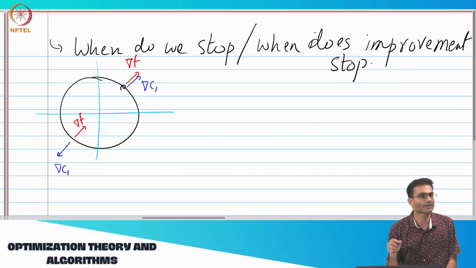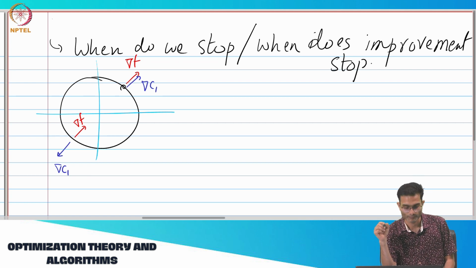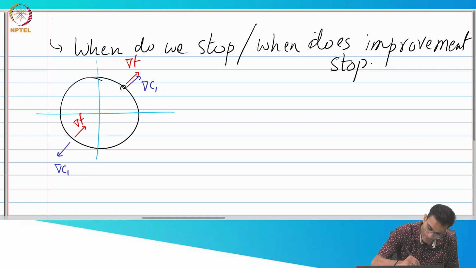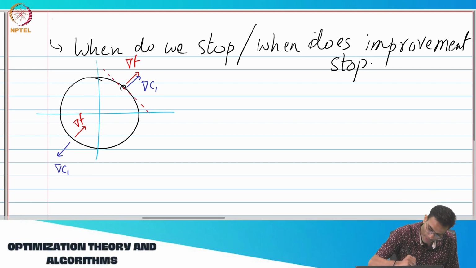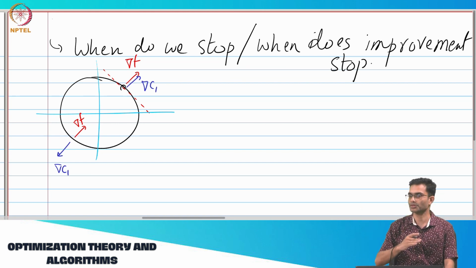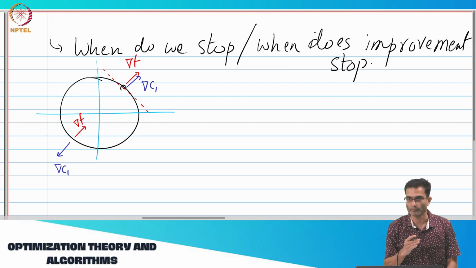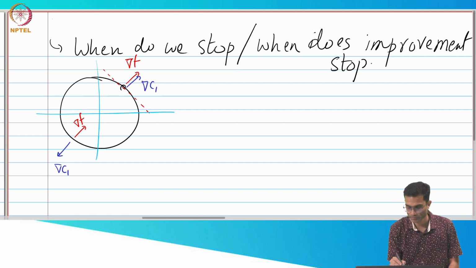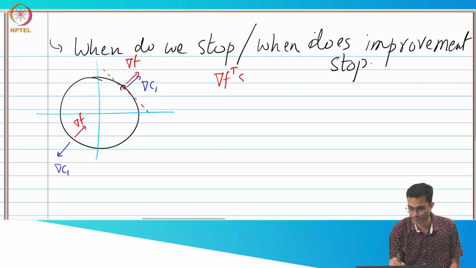What were the two conditions that we had? Grad C1 transpose S should be equal to 0, right? That means if I were to draw a plane like this, which part am I in? Bottom left, top right. So let's write this, grad F transpose S less than 0.